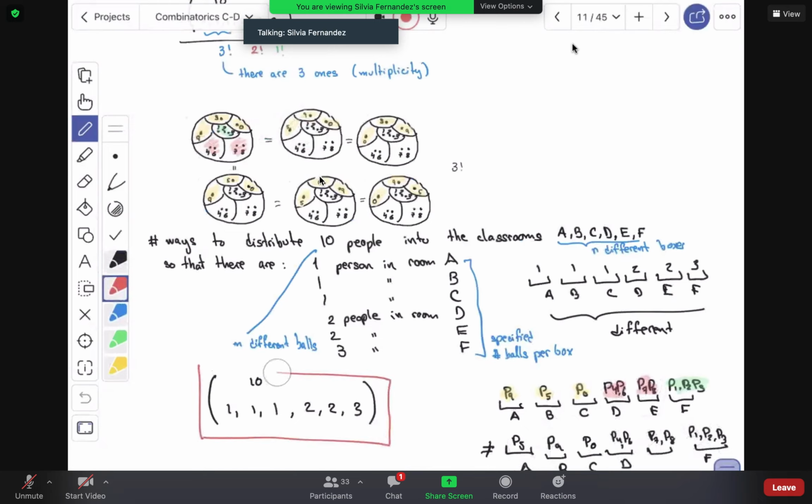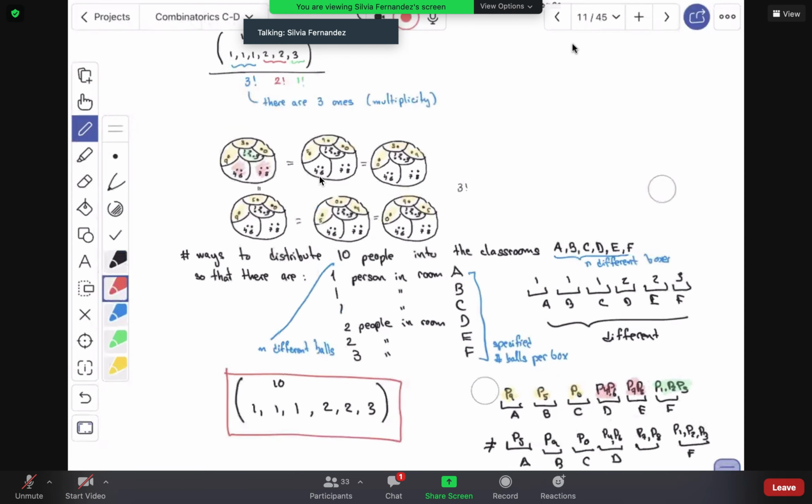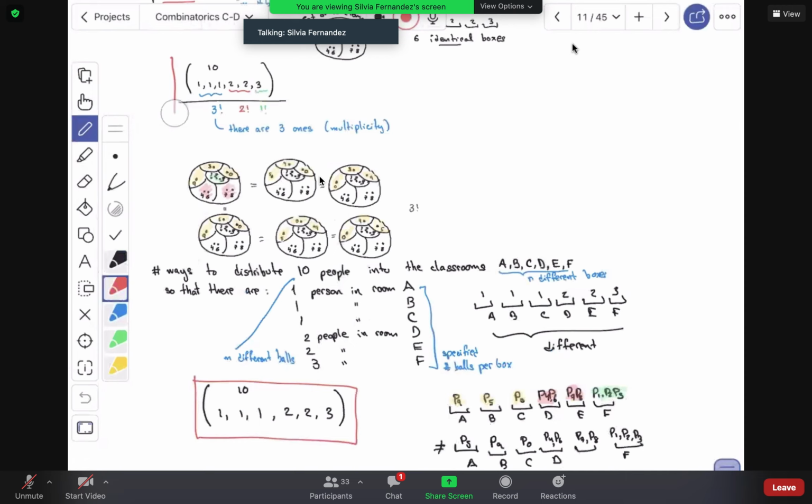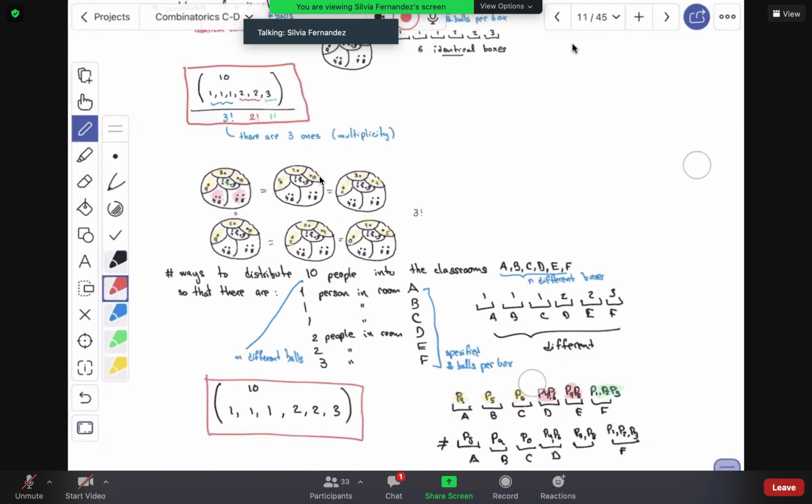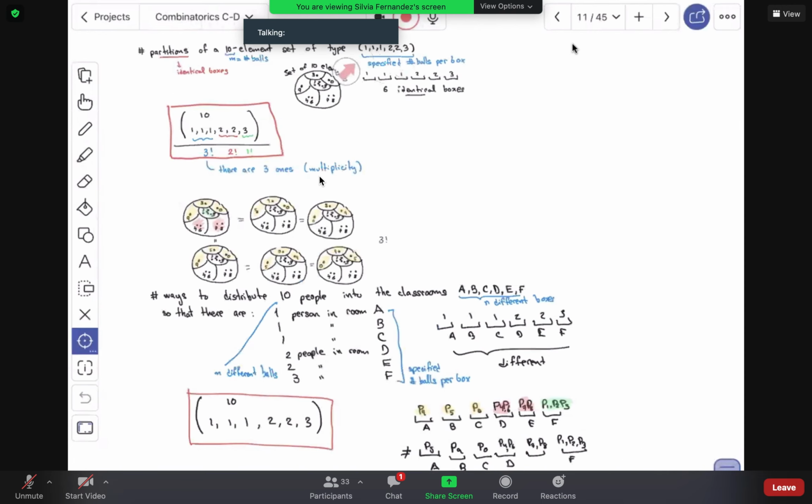So this is my answer here. This is my answer there. That's what going from identical boxes to different boxes looks like, but in both of them you have a specified partition. And let me give you one more example. So this is 1, this is 2.